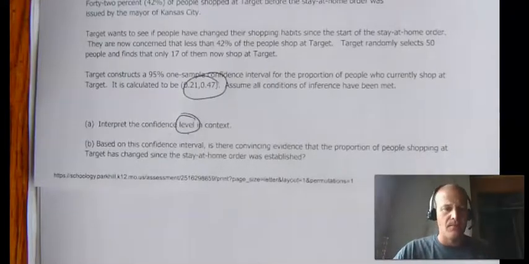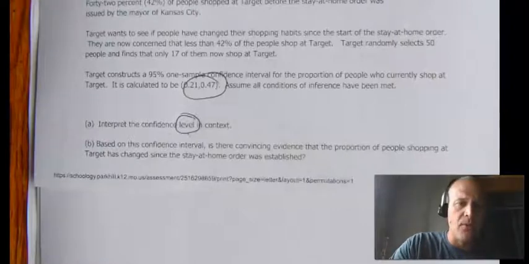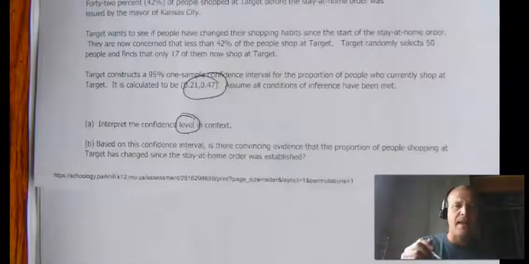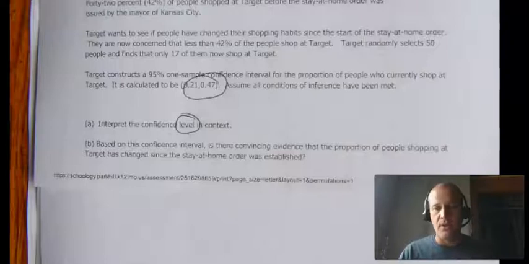The answer is no. Since 42% is in this interval, it's a plausible percentage for the true percentage of shoppers. If our interval did not have 42%, then we would have evidence to show that the proportion of shoppers is not 42%.